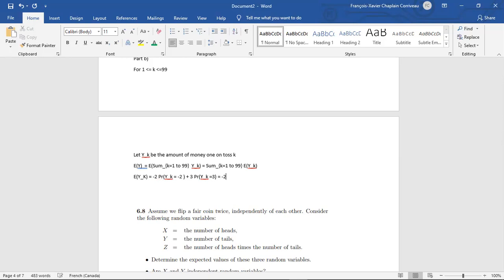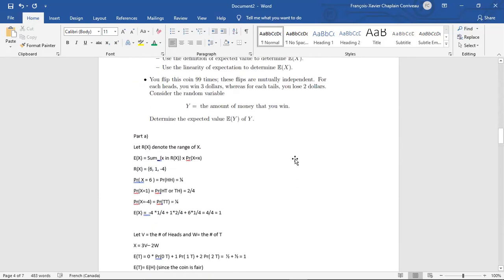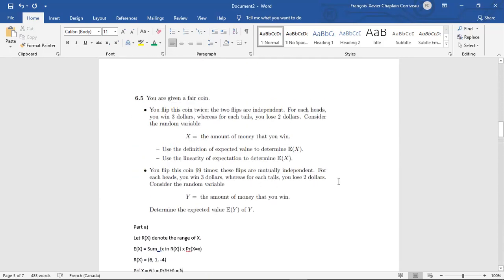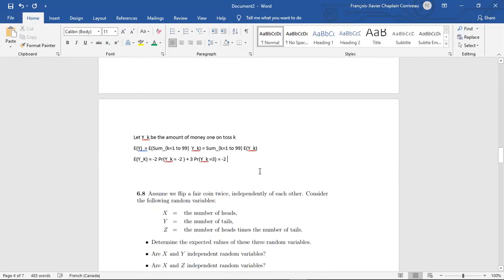This is equal to minus 2 times the probability that I lose 2, which is if I get tails, so a half, plus 3 times a half. What is that? That's 0.5, exactly, a half.